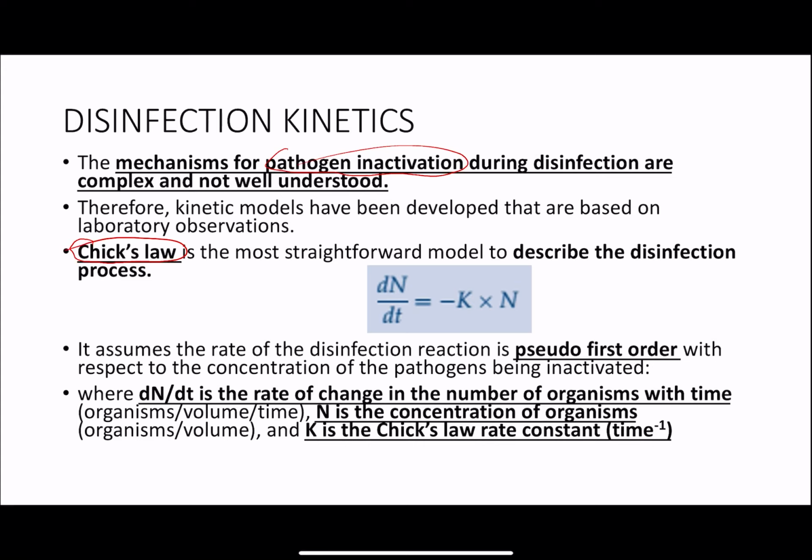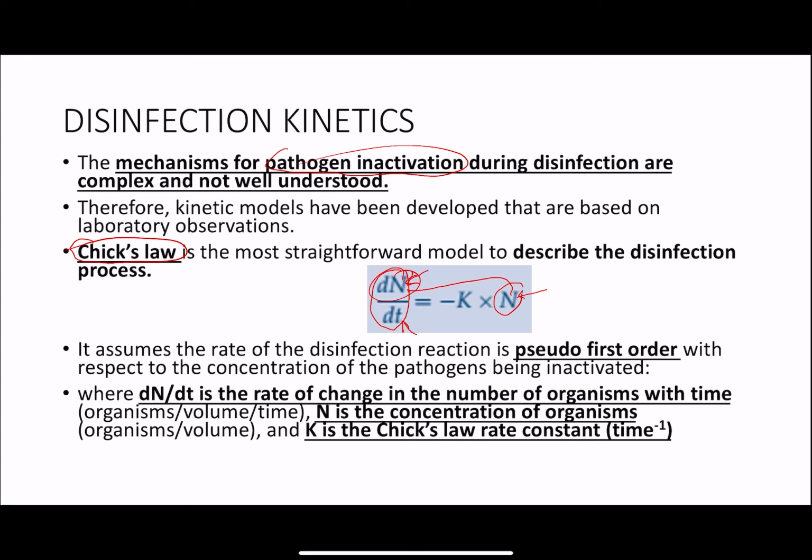So, dN/dt = -k N. dN/dt is the rate of change in the number of organisms with time. This is number of organisms, and this is with time. Of course, N is the concentration of the organisms. Same thing here. This is change of numbers of organisms, and this is the concentration of the organisms per volume.